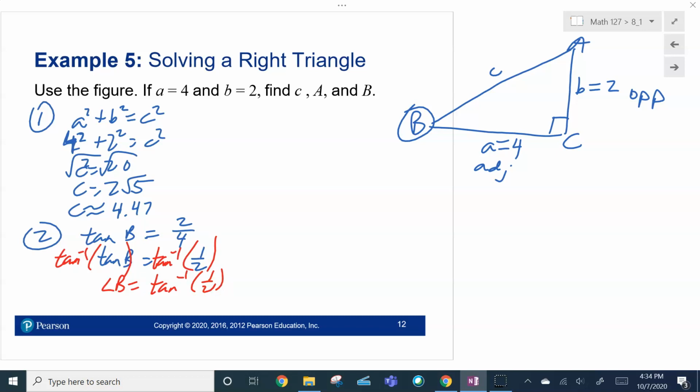Now, if I'm in radians, that would be 0.463647609. And then if we want this in degrees, 0.463647609 times 180 degrees over pi equals 26.6 degrees.